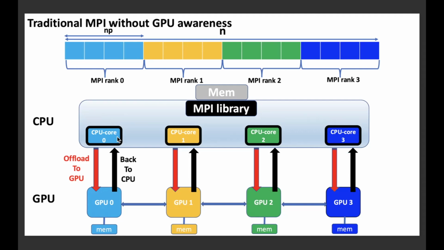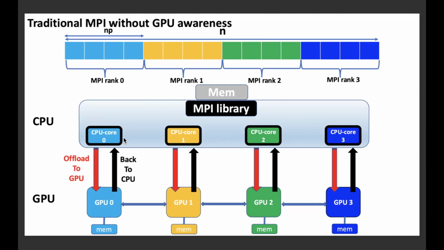And this can be done iteratively, meaning that you need to copy the data to the GPU, do computation on the GPU, and then go back to the CPU, where MPI can do some MPI operation, like sending, receiving, or gathering data.